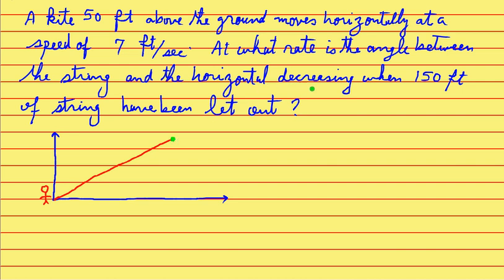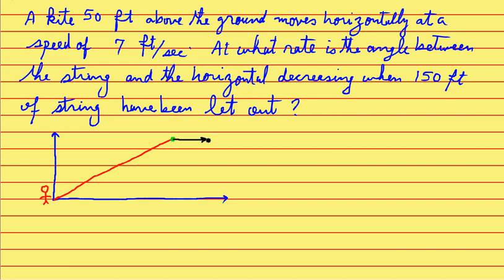The problem is talking about the angle decreasing. Also, when you let this thing out, the direction of traveling has to be, I have drawn my picture. The kite is traveling this way. Notice it's telling us the kite is traveling horizontally.